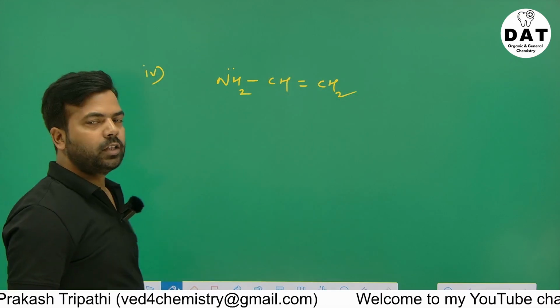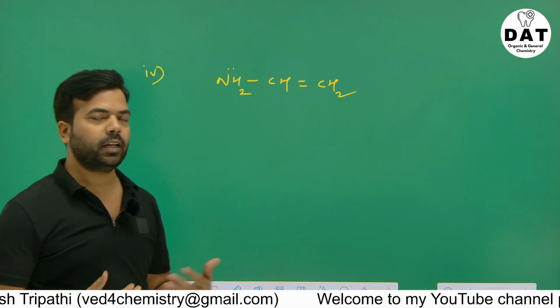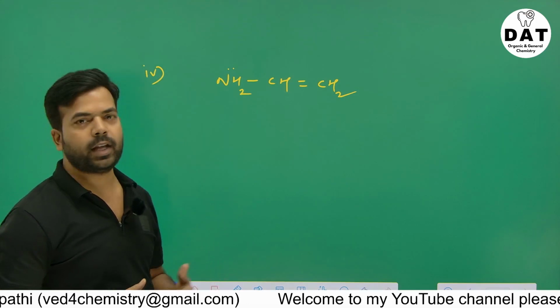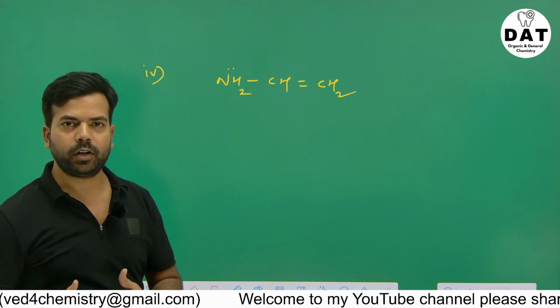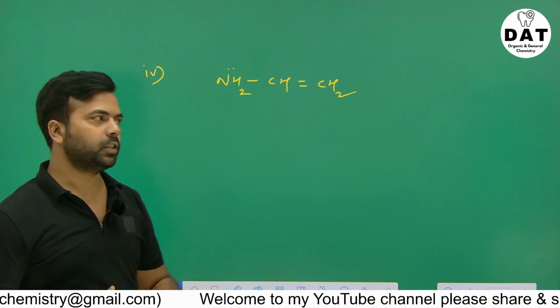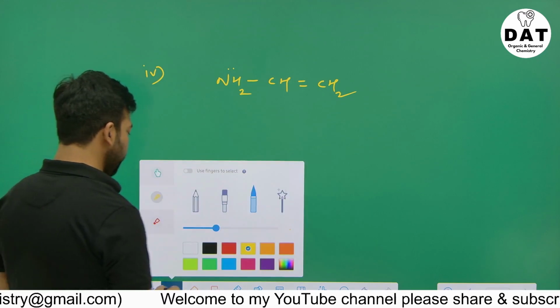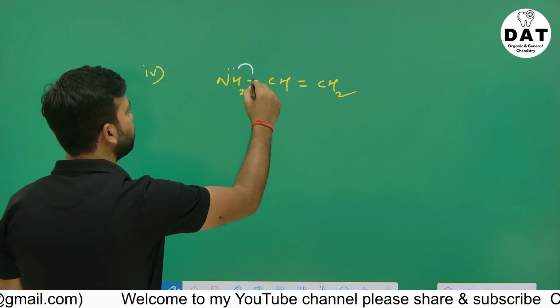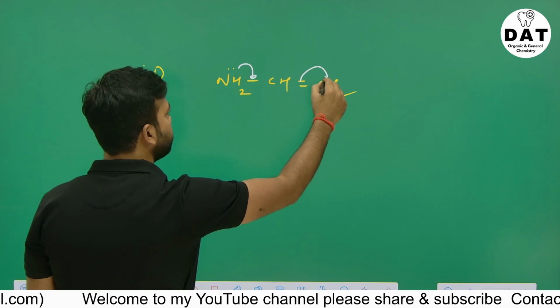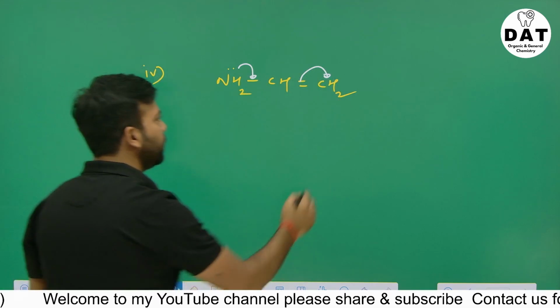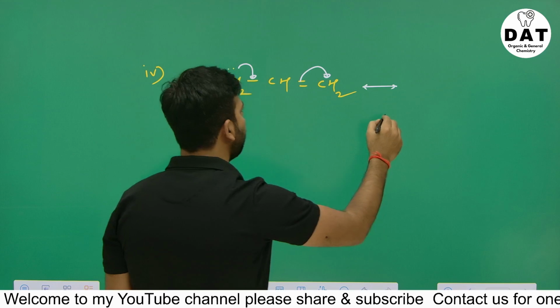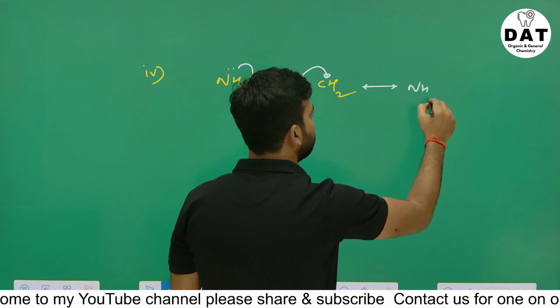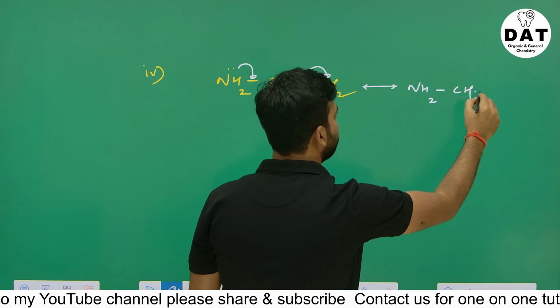So a lone pair is also an electron-rich species like a negative charge. It will donate as well, but a lone pair is neutral while a negative charge is a charged species. So it will donate as well like this, and this pi bond breaks. Again the connectivity is not going to change: NH2, CH, CH2.